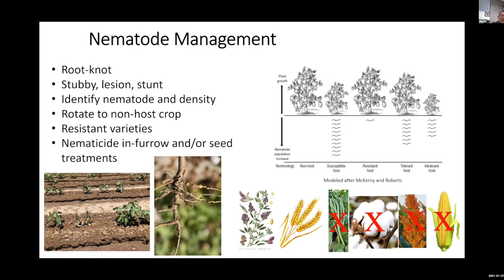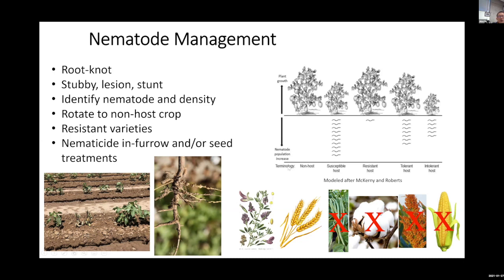For nematode control, it's very important that you identify what kind of nematode species are present in your field, and especially what their population density is in your soil. Once you figure that out, if it is a nematode issue, the best option is to rotate to a non-host crop or use resistant varieties.